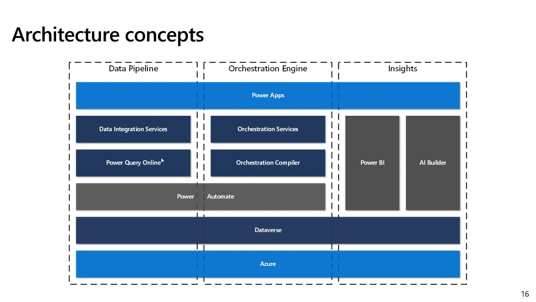And we'll talk about these in a little bit more detail. The orchestration engine is what we saw with the orchestration designer. We take that business process view and we compile it into Power Automate. The insights are driven by Power BI for the analytics, and machine learning from the AI Builder, for example, which are Power Platform components.